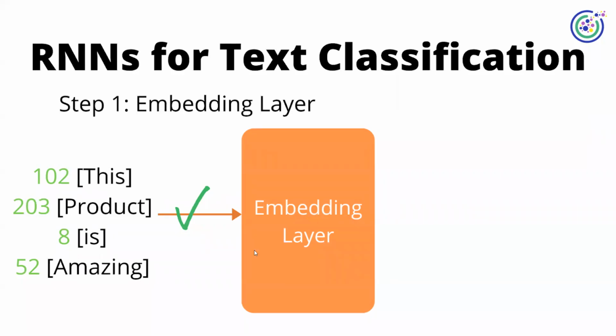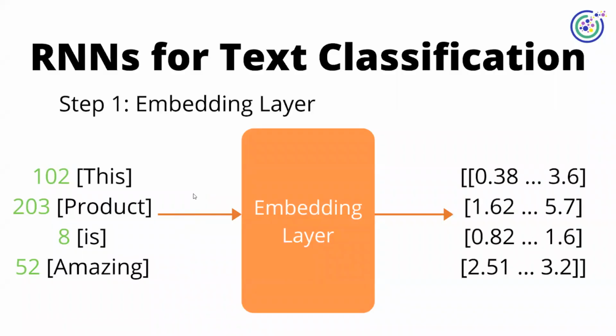At index 203 will be the vector entry for "product", at 8 "is", and 52 "amazing". So convert these words into integer tokens and then pass them to the embedding layer. After that you'll get a 2D matrix containing all the vector entries.